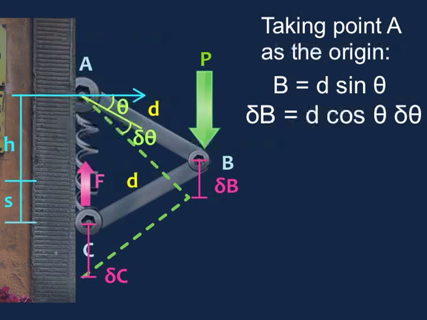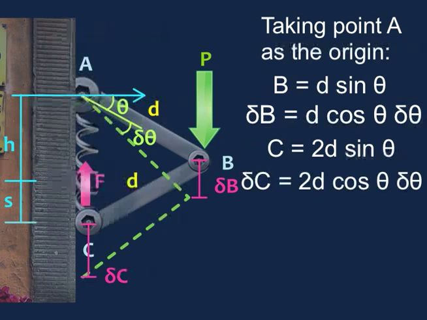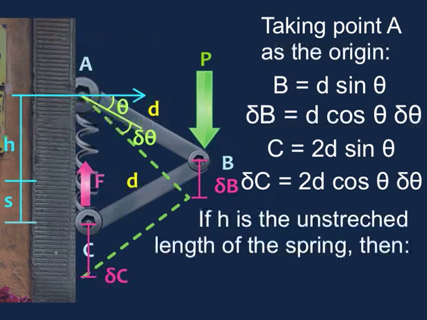Doing a similar analysis at point C yields C equal to 2 times D times sine of theta, and delta C equal to 2 times D times cosine of theta times delta theta. Moreover, since H is the unstretched length of the spring, then point C is located at a distance H plus S from the origin.